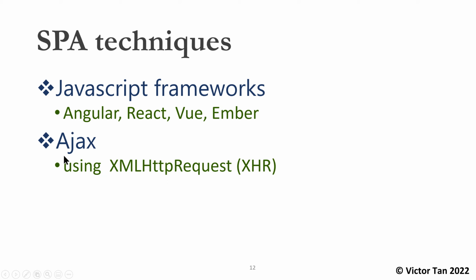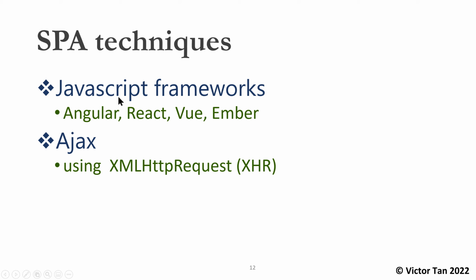Other, older techniques include Ajax. If you have worked with JavaScript for a long time, you will probably have heard of Ajax. Ajax is a web development approach that relies on an API called XMLHttpRequest, or XHR, where data is transferred between the web browser and the web server, and this XHR is accessible to any JavaScript program running in the browser, so that you can manually construct the functionality of a SPA.